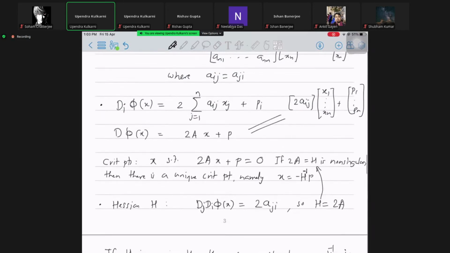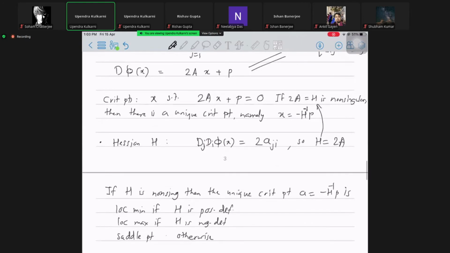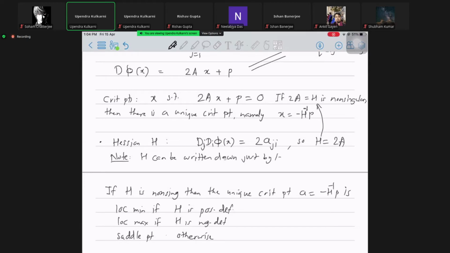Note that H can be calculated or written down just by looking at the formula for phi, and it depends only on the quadratic part, that is the homogeneous quadratic part.